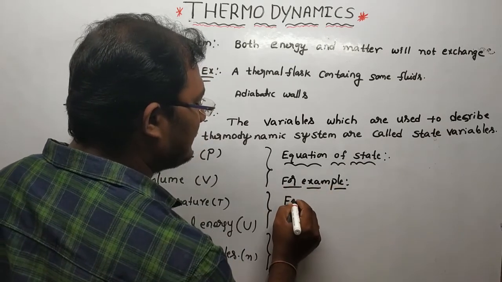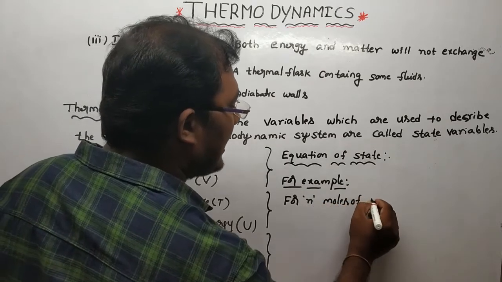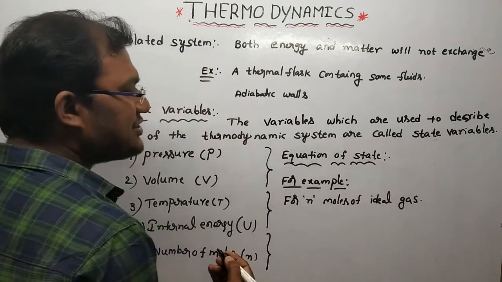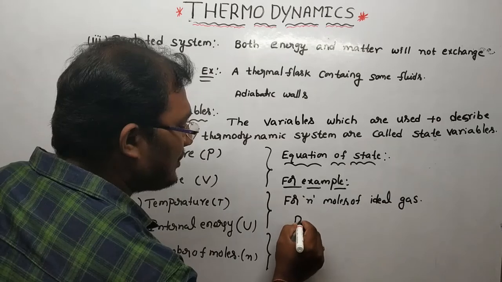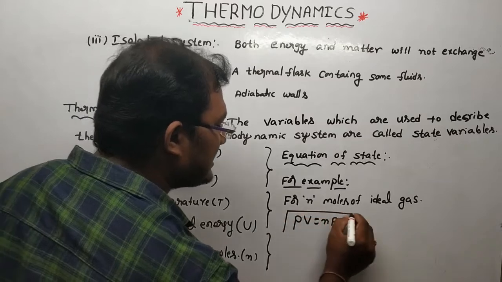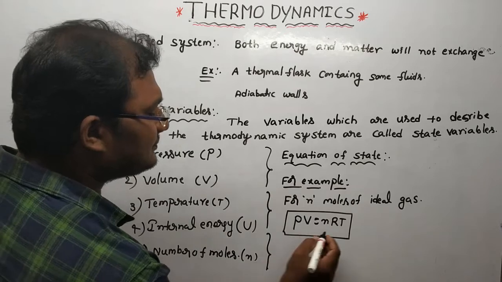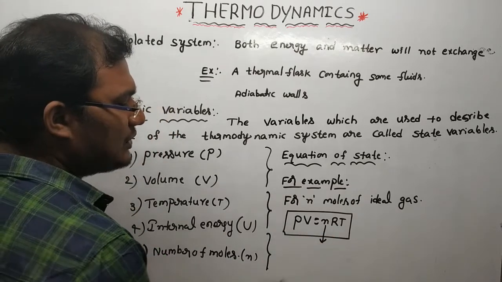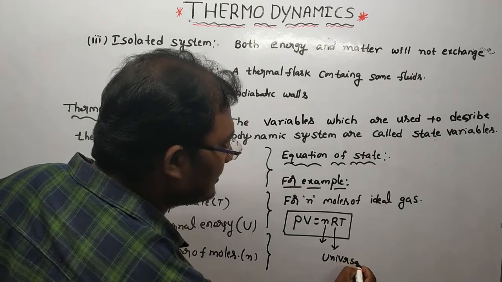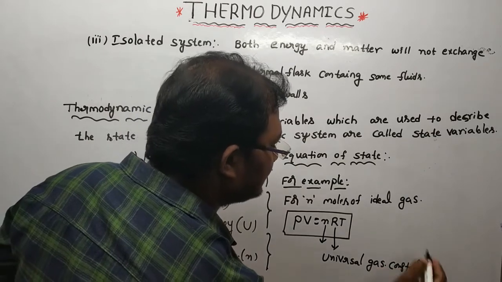for n moles of ideal gas, the state equation is given by PV equal to nRT, which is the state equation of n moles of an ideal gas, where n is the number of moles, R is the universal gas constant.